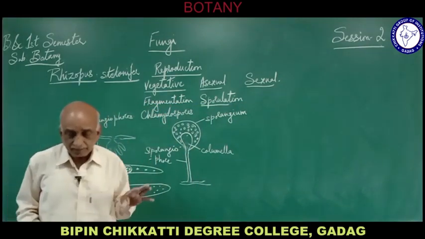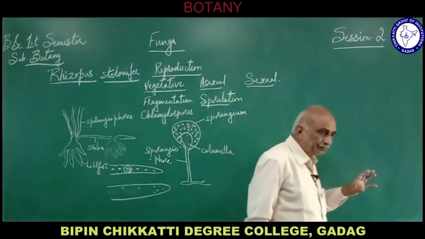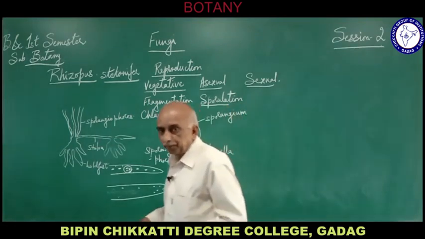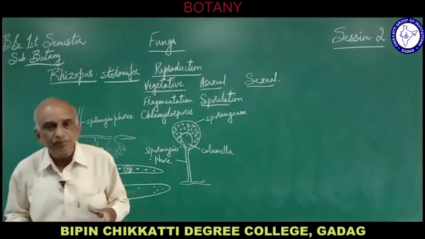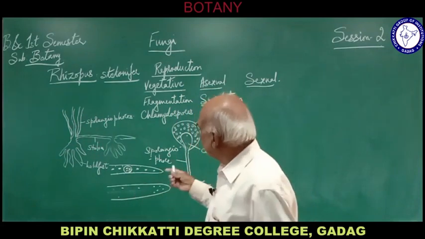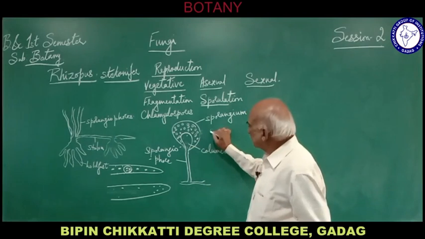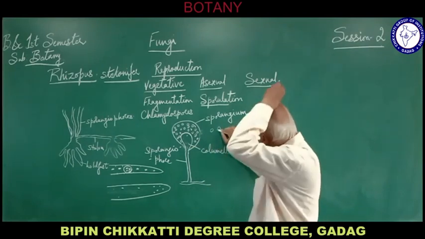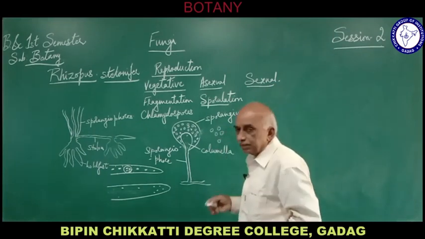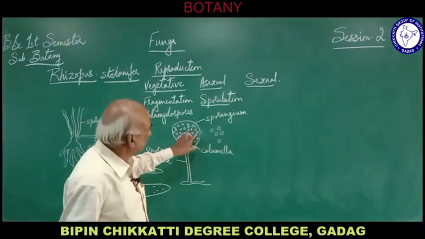Due to the accumulation of the fluid and the pressure developed in the sporangium or the sporangiophore, the wall of the sporangium will break, and when the wall of the sporangium breaks, the sporangium will release the spores into the external conditions. These spores are called the sporangiospores. Sporangiospores means they are released from the sporangium.